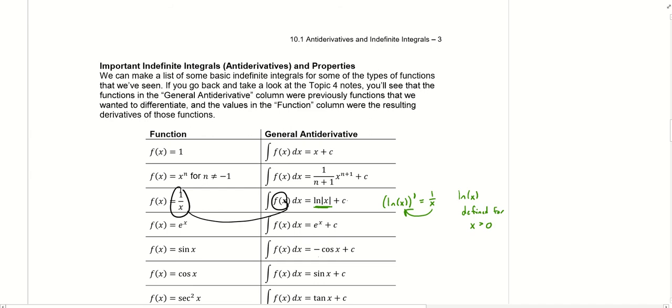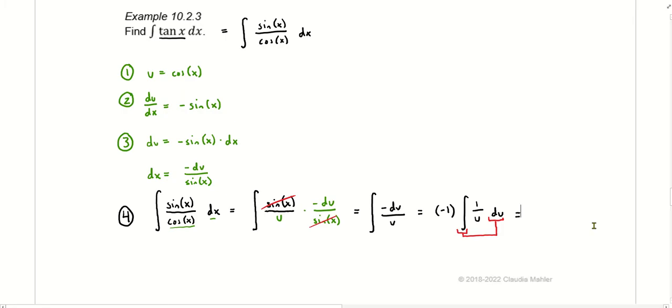So here we've got 1 over u, so this is going to become the natural log of the absolute value of u plus c. So if I go back to our substitution, don't forget that -1 out in front, so I'm going to write that as negative natural log of the absolute value of u plus c.